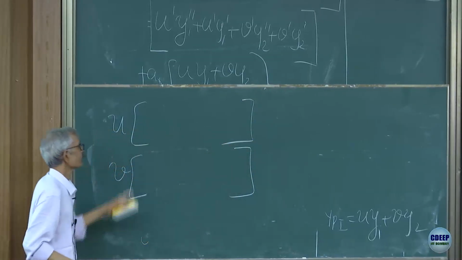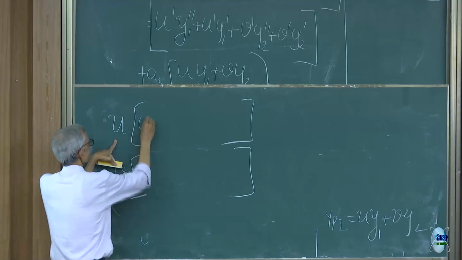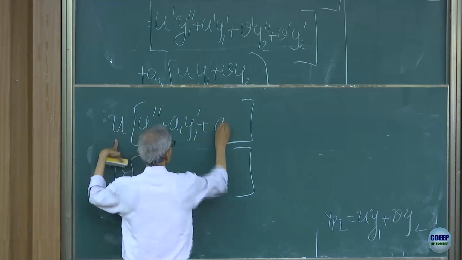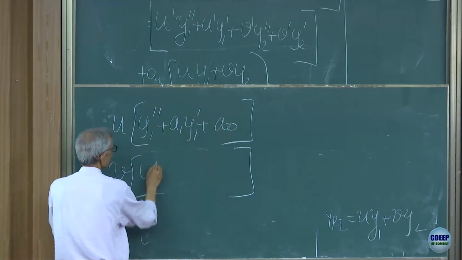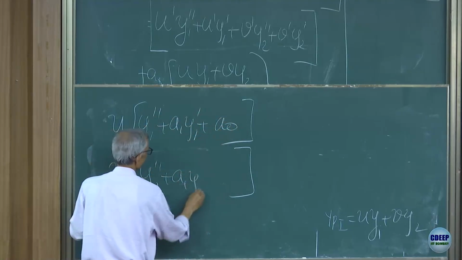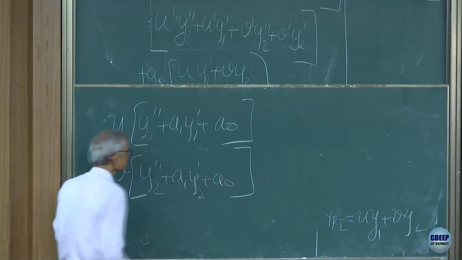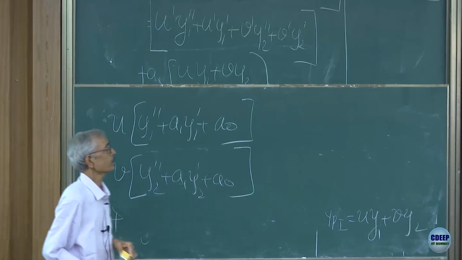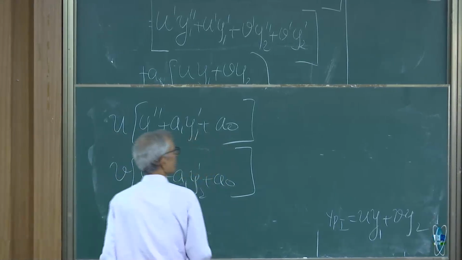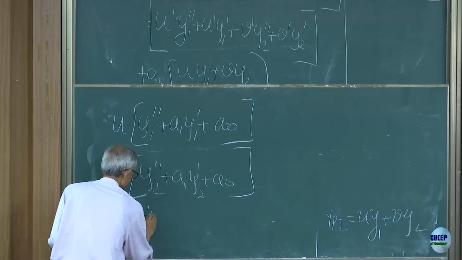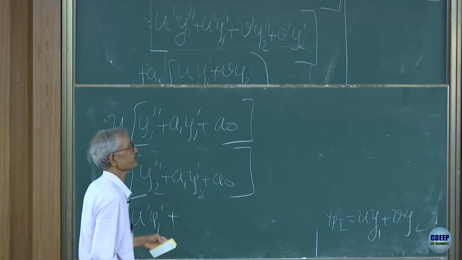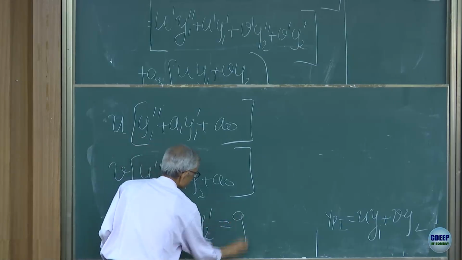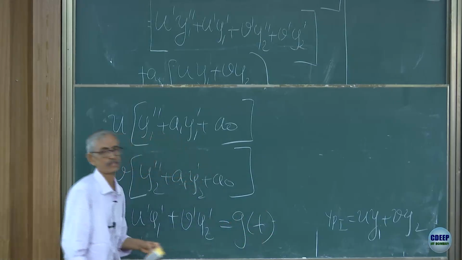What you get is the equation itself for y1, plus a1 y1 prime plus a naught y2 plus a1 y2 plus a naught, plus u prime y1 prime plus v prime y2 prime is equal to g of t.